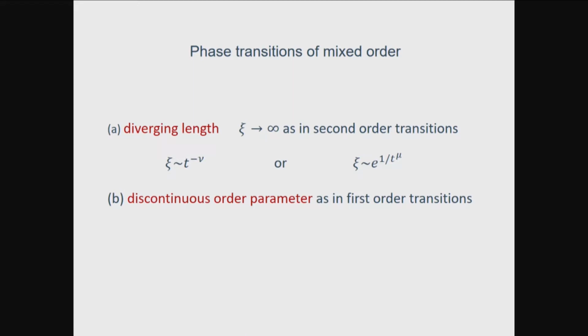But on the other hand, there is a discontinuity in the order parameter. That is, there is a jump in the order parameter that describes the system, like in a first order phase transition.